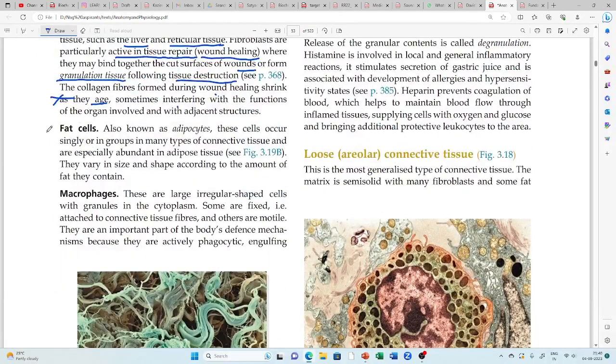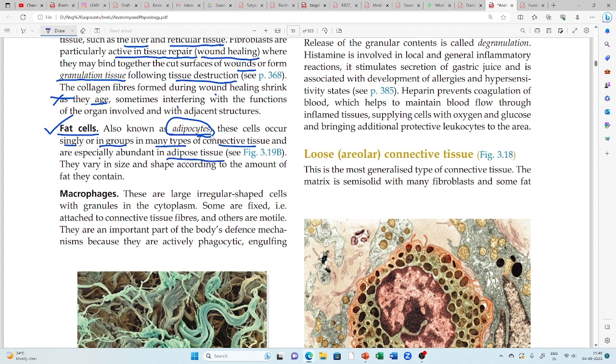And the second cell is the fat cell. Fat cells, otherwise known as adipocytes. You understood? Learn it by heart now itself, adipocytes. Adipocytes means fat cells. This is the second type of cell present in connective tissue. These cells occur singly or in groups in many types of connective tissue and are especially abundant in adipose tissue.